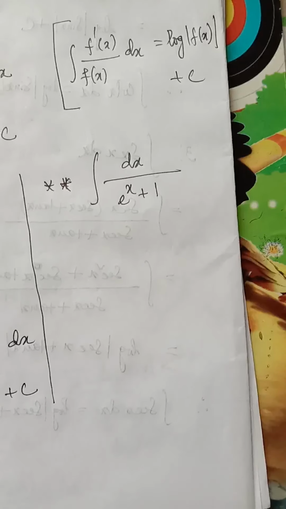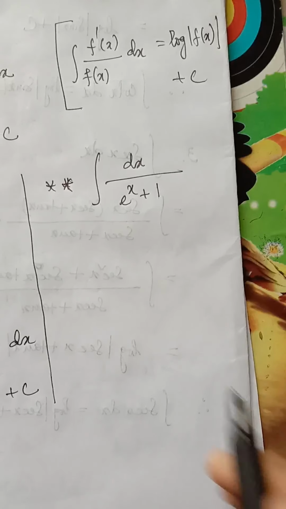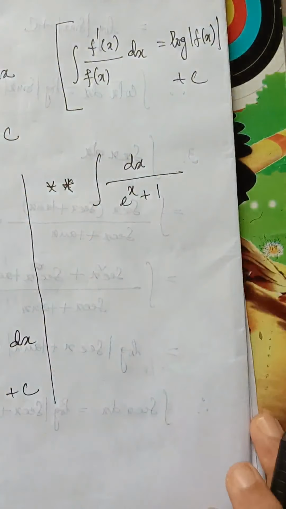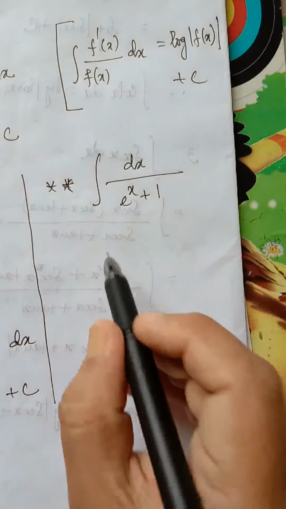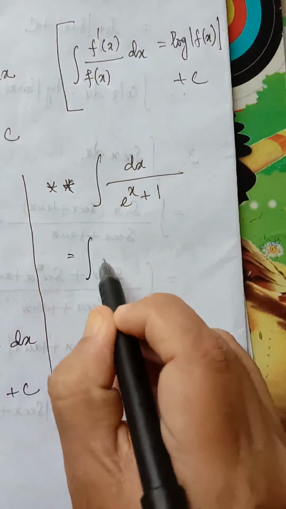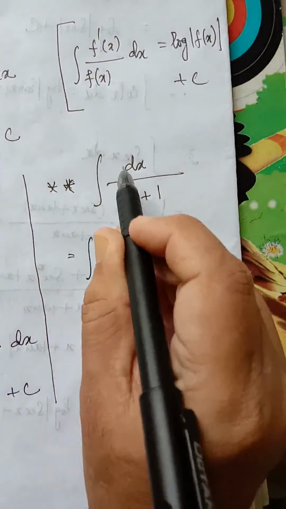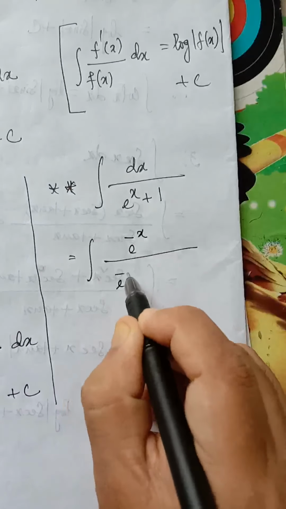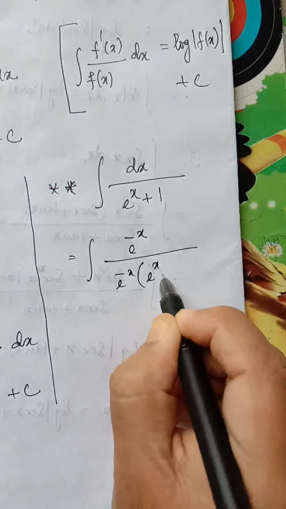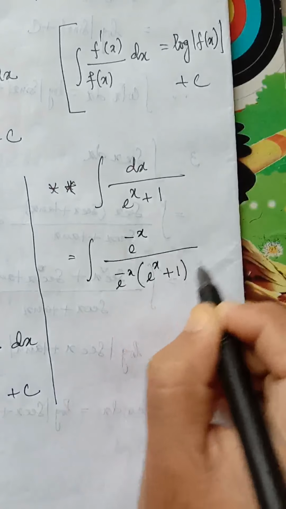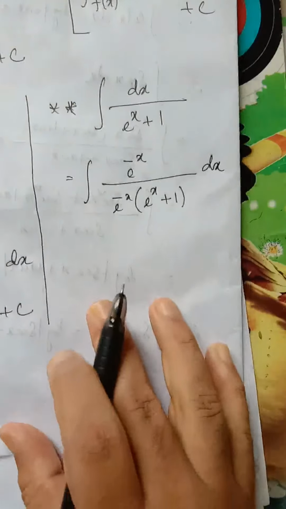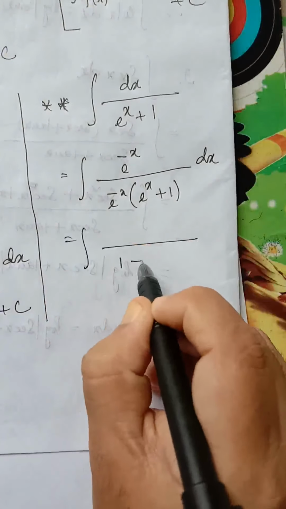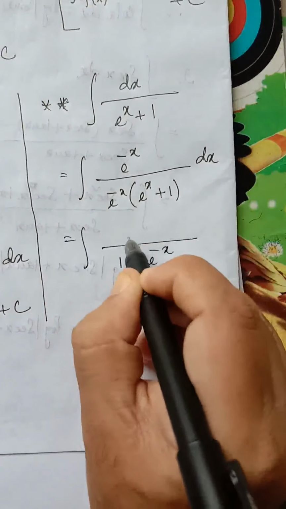Now to integrate dx by e to the power x plus 1, our first step will be to multiply numerator and denominator by e to the power minus x. Now you can see the denominator will be 1 plus e to the power minus x.